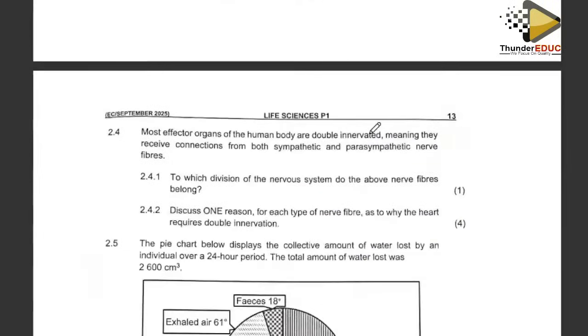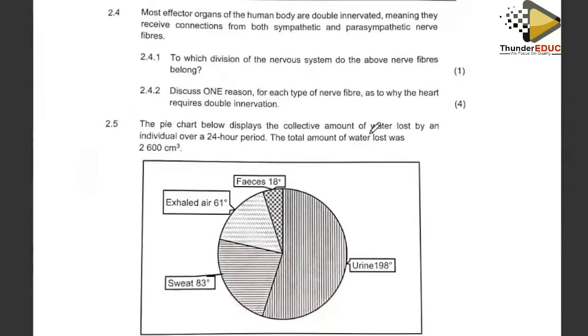Then they're saying, 2.4, that most effector organs of the human body are double innervated, meaning that they receive connections from both sympathetic and parasympathetic nervous system fibers.